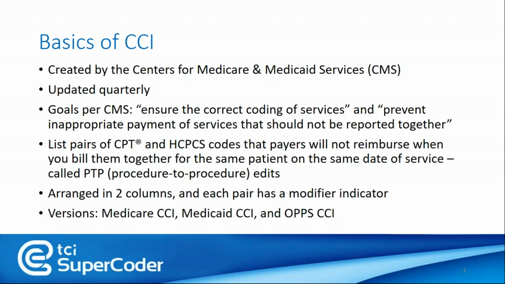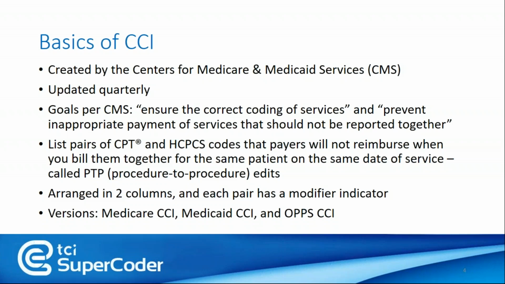So no matter what type of entity you're coding for or what information you're looking for, you can look up those CCI bundlings right within SuperCoder. And that's exciting, especially because we just added the Medicaid tool in December. So if you're an existing customer and you've used the CCI tools before, you probably saw our announcements in December when we launched the Medicaid CCI tool.